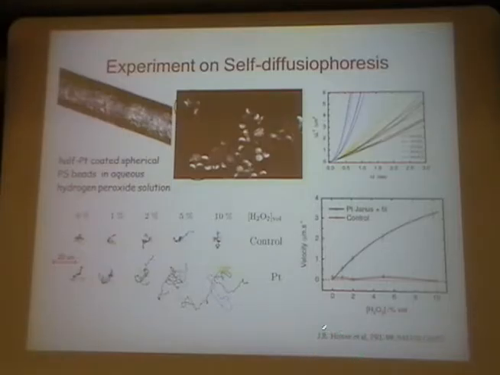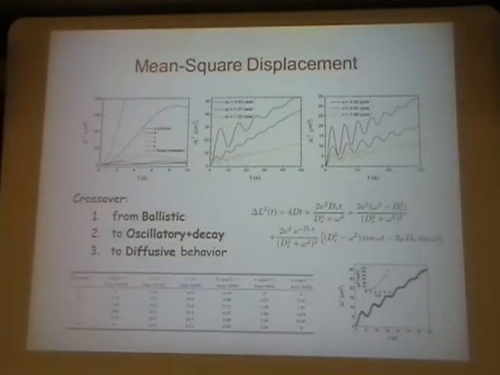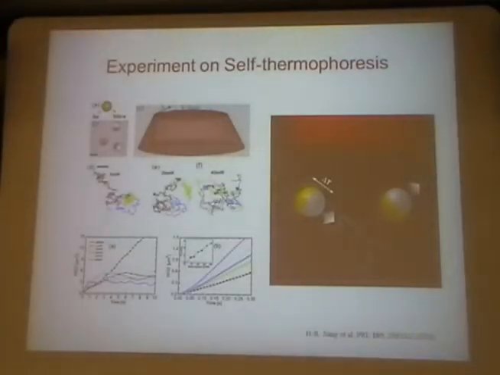If you're familiar with this, it is similar to Michaelis-Menten behavior: an initial linear increase in the velocity as a function of the concentration, and then an eventual saturation. And that's because of the catalytic activity of the colloid.